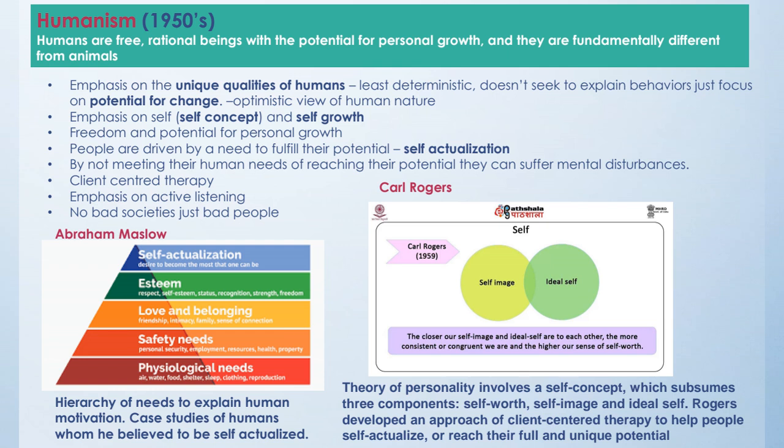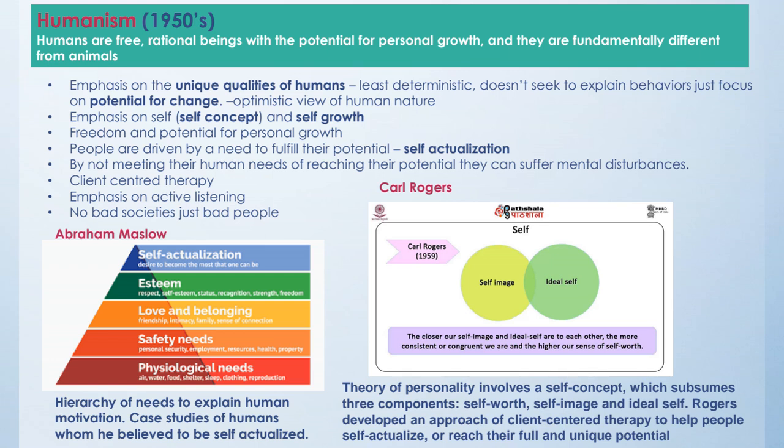So we develop mental disorders or anxiety, for example, because the image we have of ourselves, our self-image, is very different to how we think we should be. And there's a distortion there, and it causes mental problems.